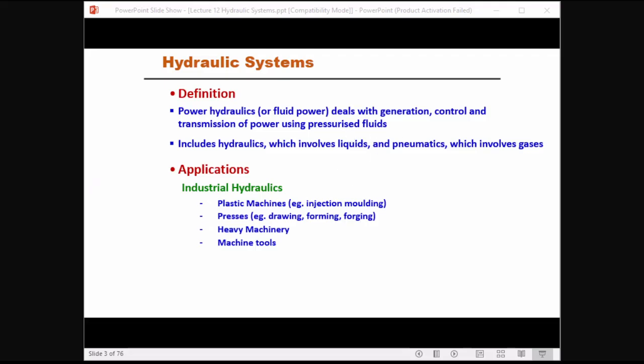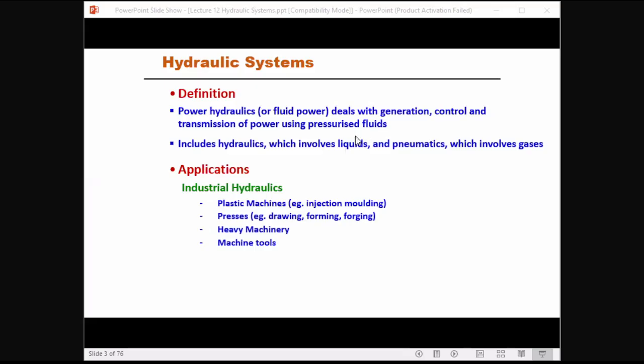It is a high viscosity oil, and we can maintain this oil under various temperature ranges.